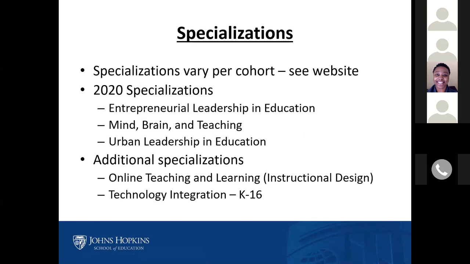So our program has a few specializations, and those specializations do vary by cohort. You can find more information on the specializations that are offered by going to our website. For our next enrollment period, the 2020 specializations include entrepreneurial leadership and education, mind, brain, and teaching, as well as urban leadership and education.